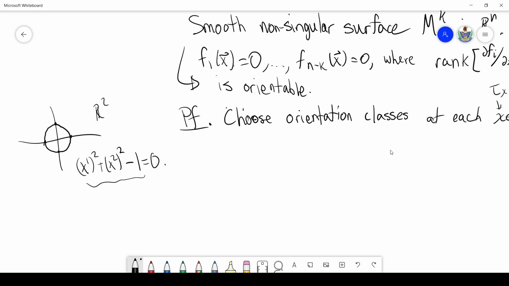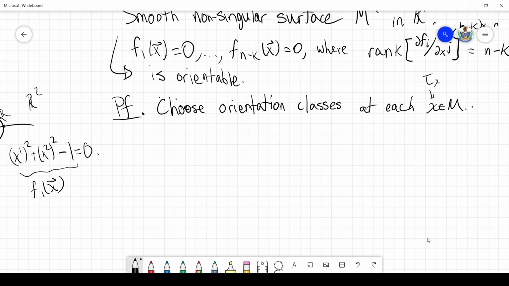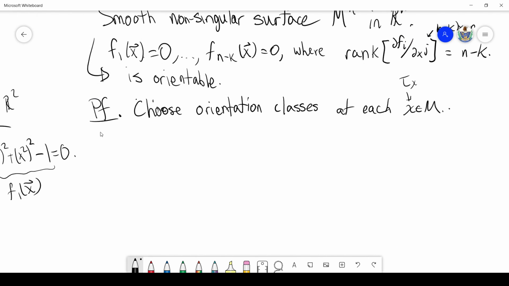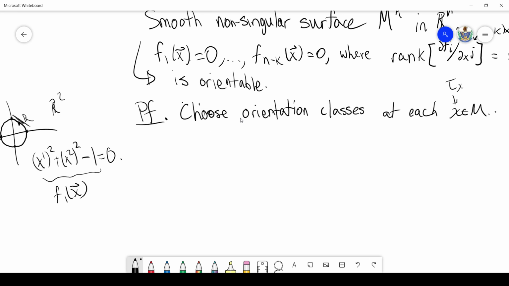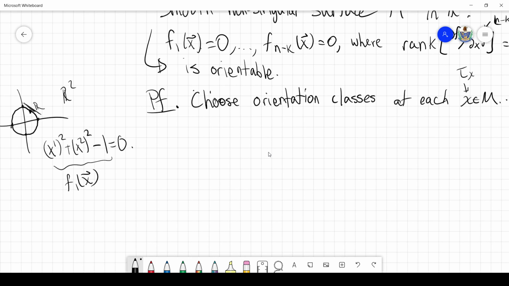So this is our f1 of x. So at each point we're choosing a frame for the tangent space, which is just this line R. And so we're not necessarily choosing this to be continuous, right? We're just choosing an orientation class at each point, arbitrarily.